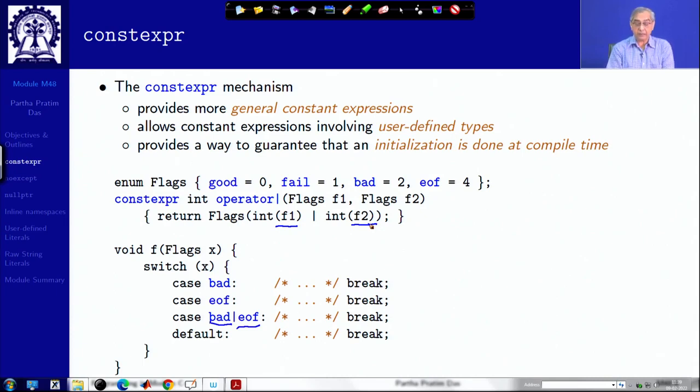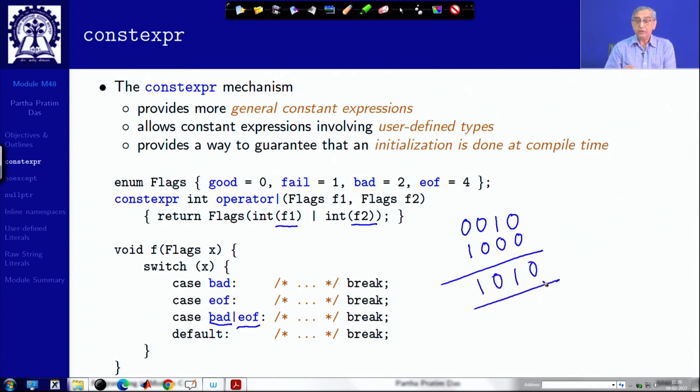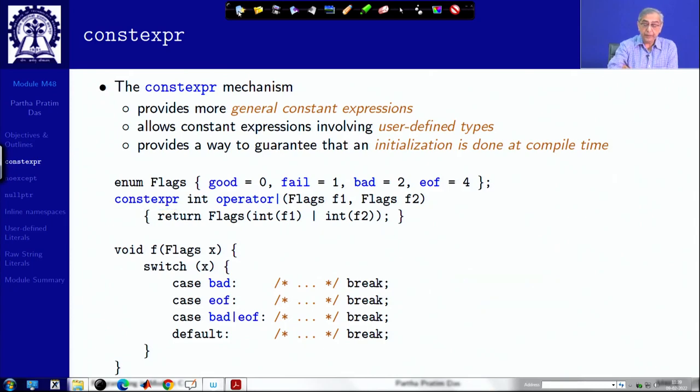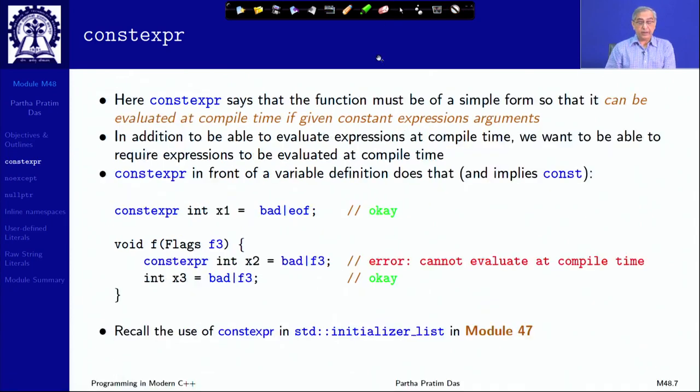So, if I have 0 0 1 0 and UF is 4, and I take the OR of that, then for this value, this case will be applicable. This is possible because we can evaluate this expression as a constant expression at compile time. So, this is the basic feature of constexpr.